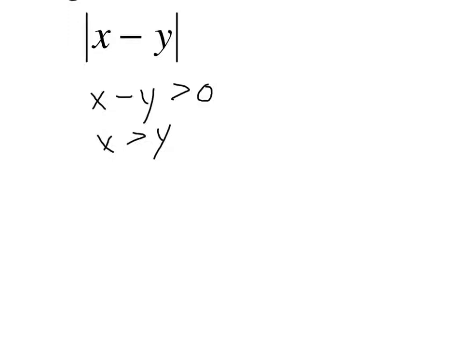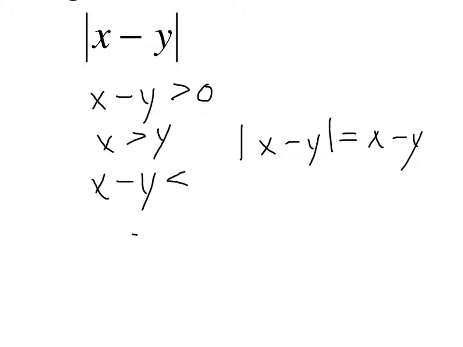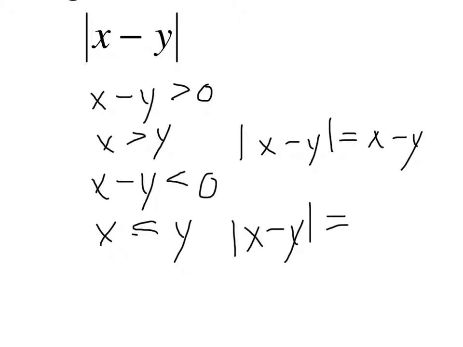And so the absolute value of x minus y would be equal to just x minus y. But if x minus y is less than 0, that's different. That means x is less than y. Then what happens? The expression x minus y is negative, so the absolute value is the opposite. It would be y minus x.